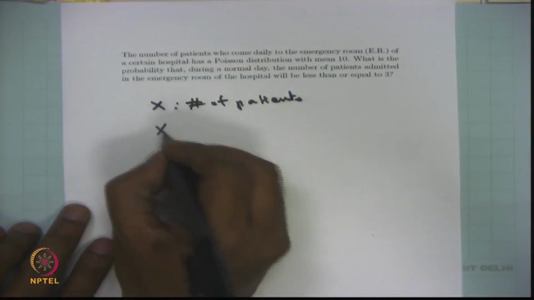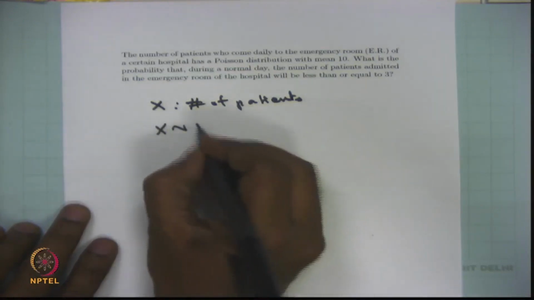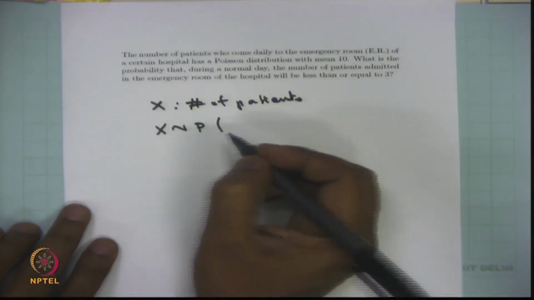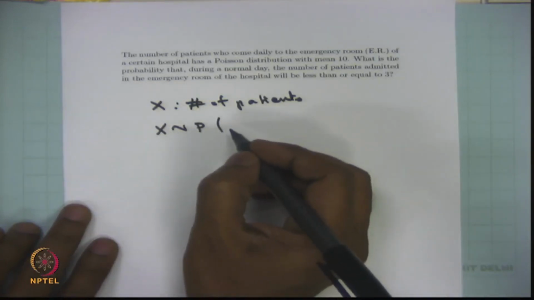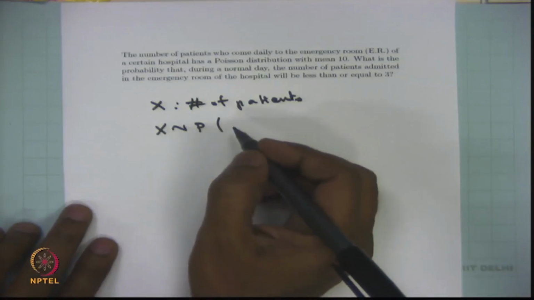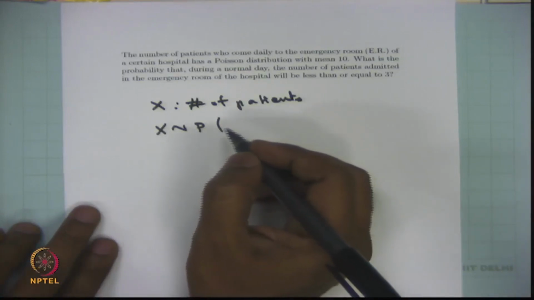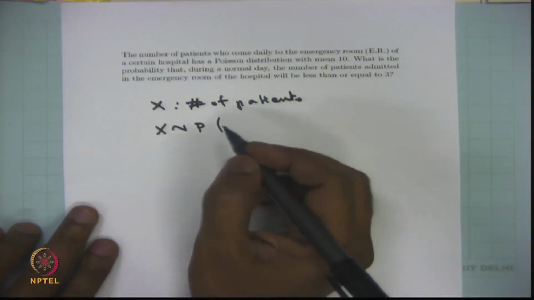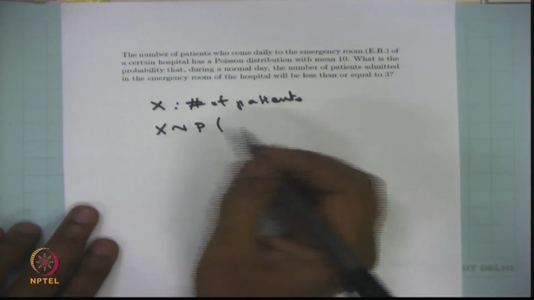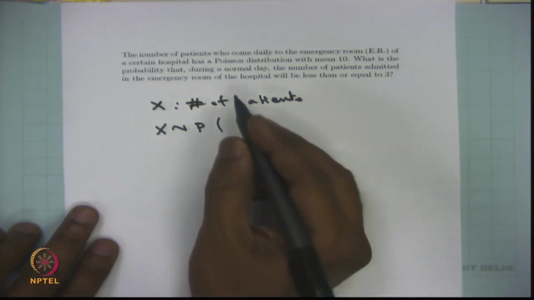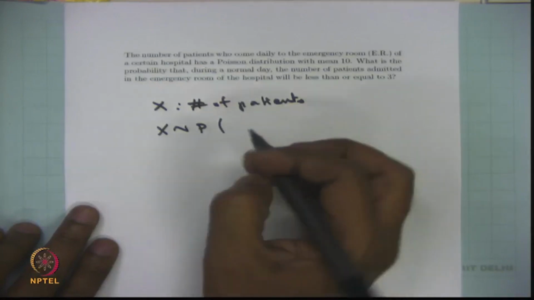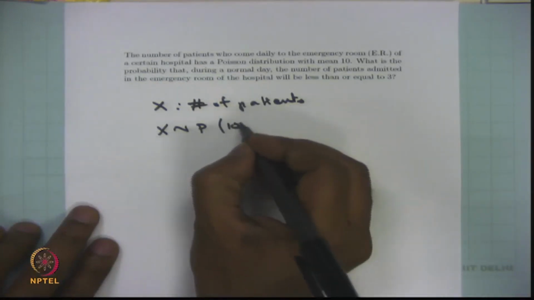X follows a Poisson distribution with mean 10. If you recall, suppose the Poisson distribution has the parameter lambda, the mean is lambda and the variance is also lambda. Here the Poisson distribution has mean 10, which means lambda is 10.